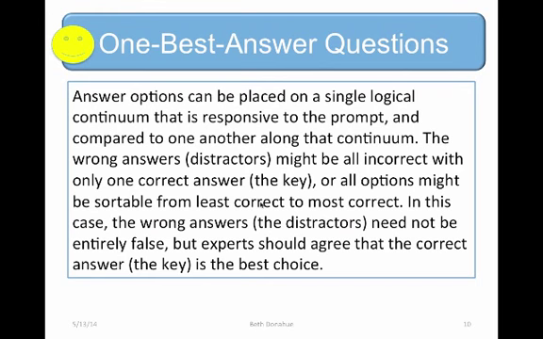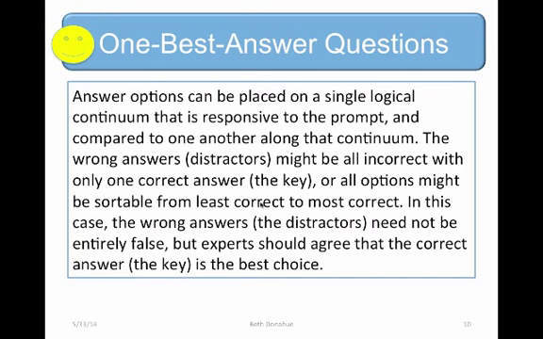And one best answer options can always be placed along a single logical continuum if the question is well written. And obviously those options should be responsive to the prompt. All of the options could be wrong except for the one correct answer, which would be the key.